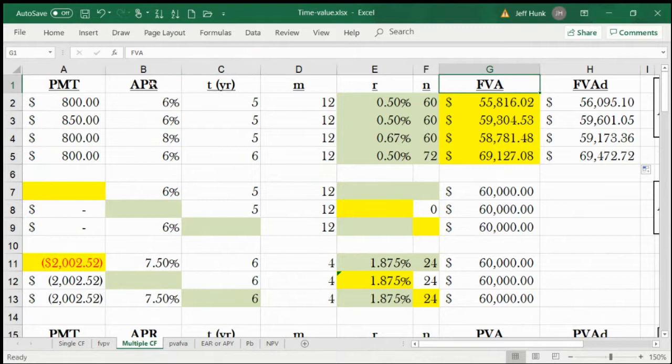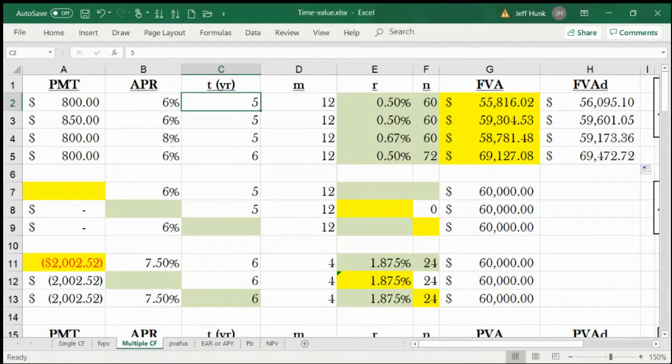Eventually it will be APR and T, but our relevant variables are the monthly rate R and N, the compounding periods: monthly rate and 60 months, or 60 compoundings. And later, once we find them, we can convert them into APR and a number of years.